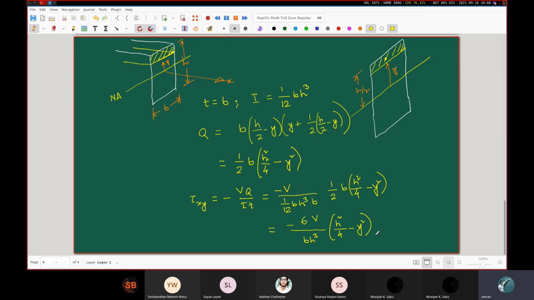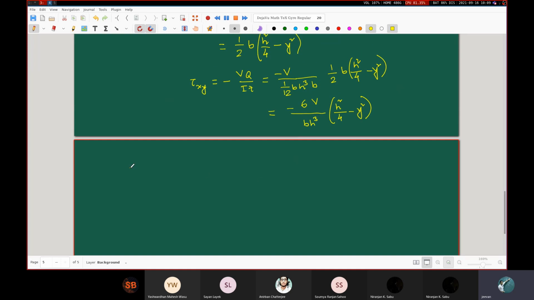Now this is an important expression, but we are going to look into it a little bit more closely, in the sense that we first want to see what is the maximum possible magnitude of this tau xy. If you do a little bit of analysis here, or if you're good enough with calculus, you can probably do this in your head.